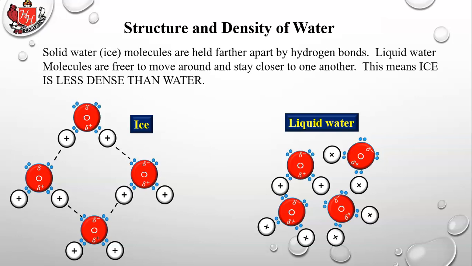And so in solid form, when you put them under higher pressure or lower temperature, they start to come together closer and form a solid. So in almost every substance, the solid version of that substance is more dense because the molecules squeeze tighter together or can hold tighter together. So they're more dense. You have more molecules in a certain amount of space.